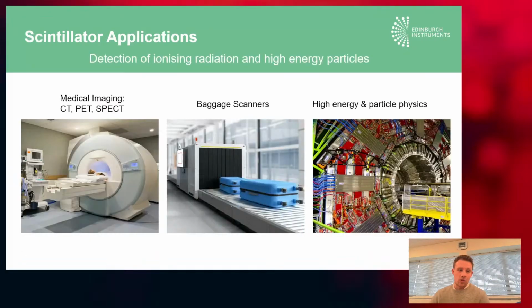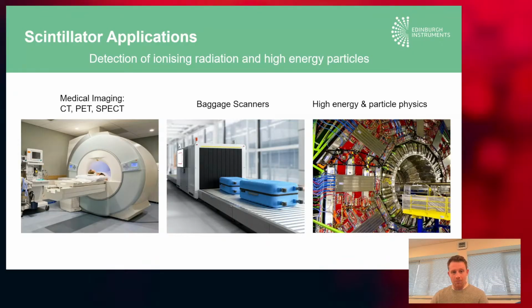So scintillators are ostensibly used to detect ionizing radiation and high-energy particles by converting it into UV or visible light, which is more easily quantified using a camera or a photomultiplier tube. So these are used in medical imaging, so taking X-ray scans for CT, and also for measuring radiotracers in positron emission tomography and single photon emission computed tomography.